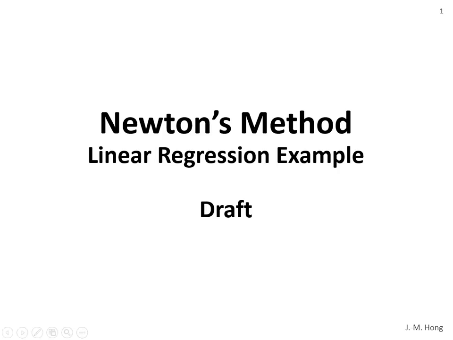Okay, so let's study Newton's method for a linear regression example. In many cases, we use the first-order gradient descent method to solve linear regression, but in some cases we can use higher-order methods like Newton's method for better results.